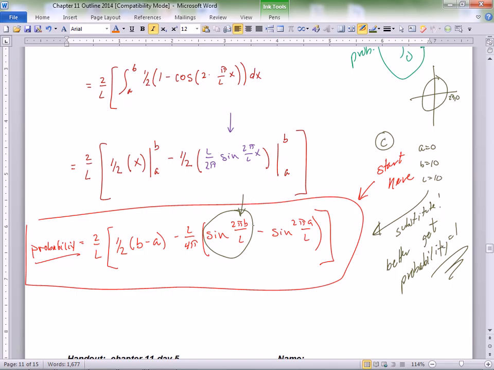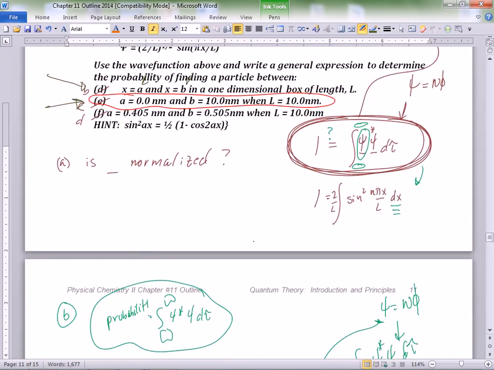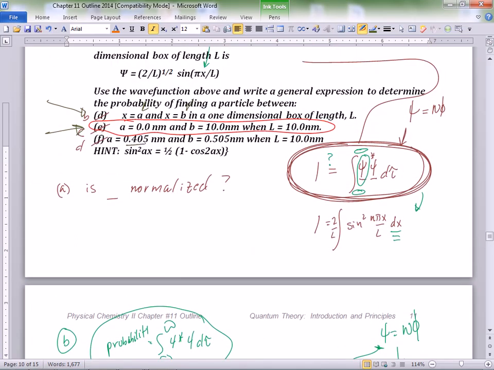So see if you can get these. See if you can get D. Now, if you go through all this work and you get a number for D between 0.405 nanometers and 0.505 nanometers, what's the probability the box is 10 nanometers? If you're just going to guess, what would you guess as your answer?